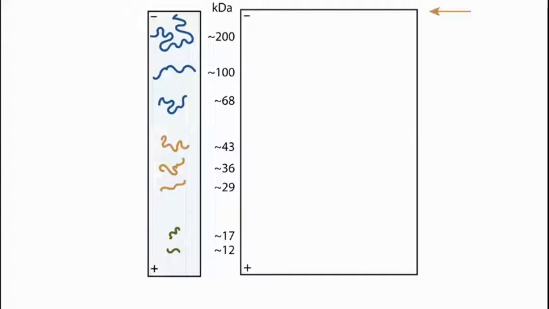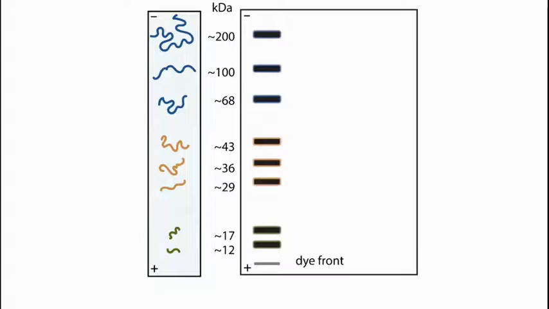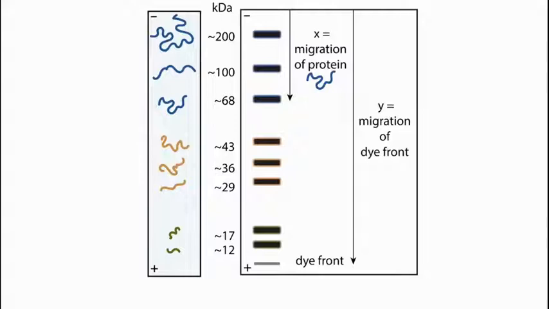This is the top of the well. This is where our marker dye ended up. And our proteins moved a certain distance down here. We're going to define the relative mobility, or RF, as how far into the gel our proteins moved compared to the dye front that moved all the way at the front. So X over Y is what we're going to call our mobility.